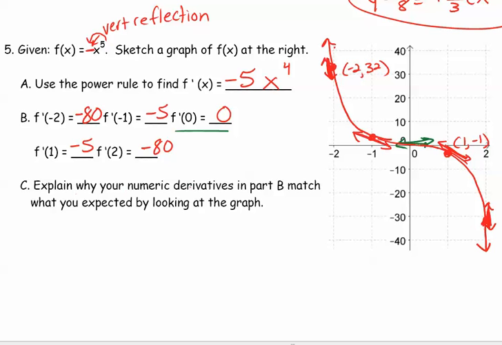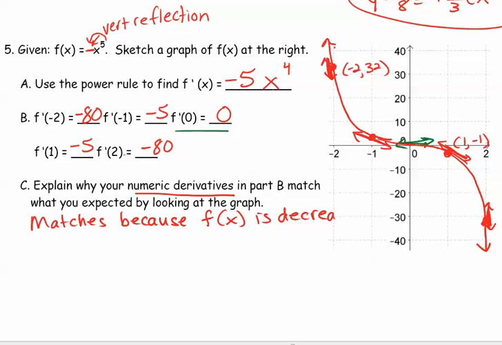Okay, so our numeric derivatives are simply when you plug in numbers. Do they match what you expected from the graph? Yes, it matches. We could say because f of x is decreasing everywhere.